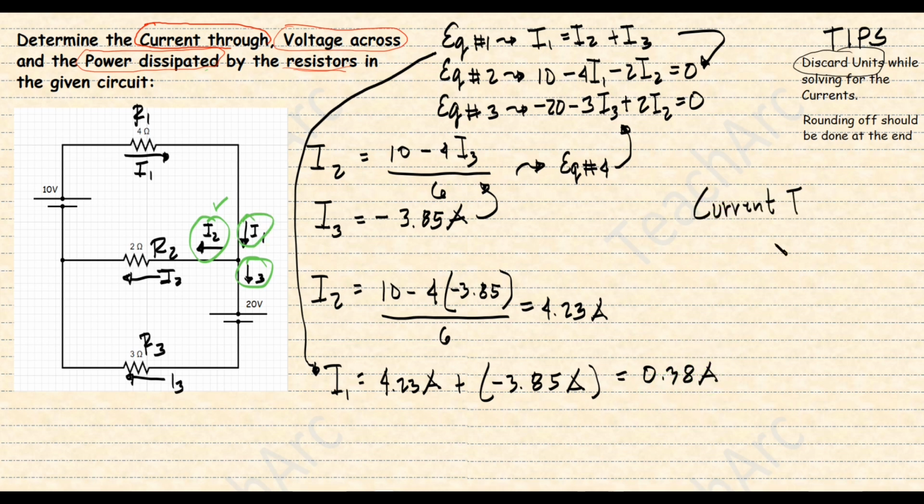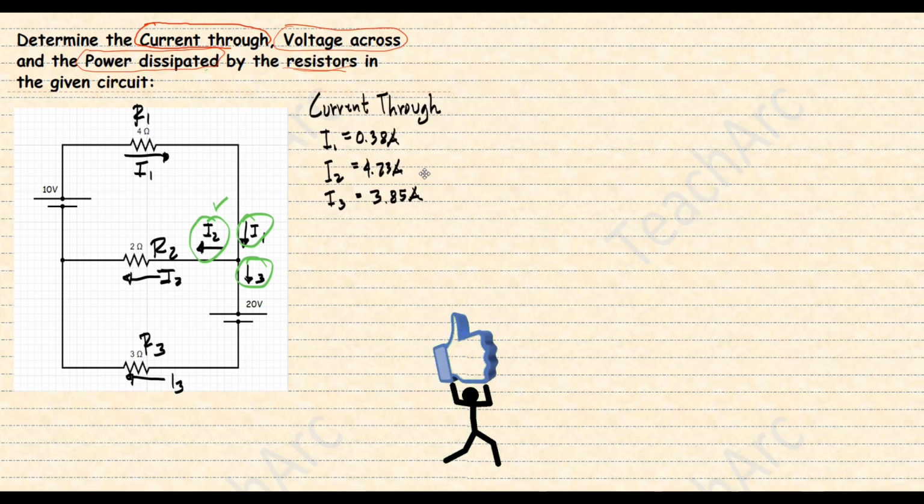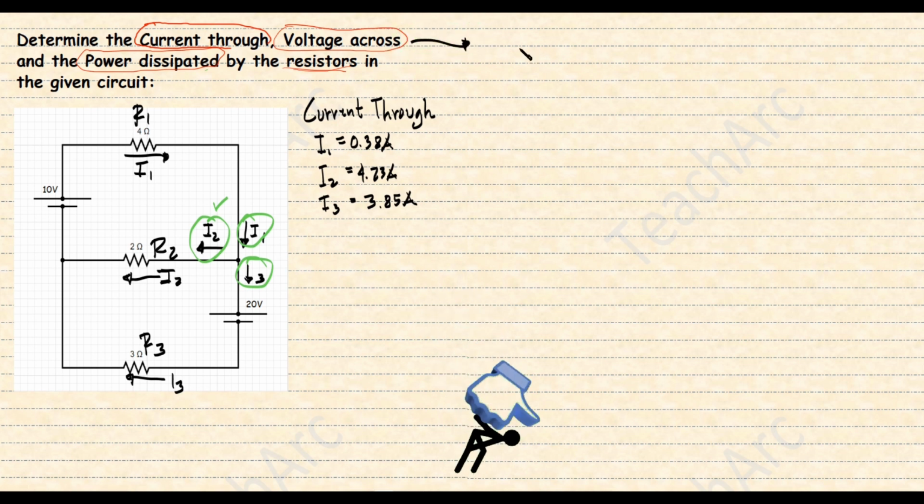Now, if you will report the values of the currents through each resistor, you can drop already the negative sign if you have 1. The negative sign is important when you will solve for the other currents, but for voltage across and power dissipated, we will use positive values. To solve for voltage across each resistor, we use the formula V is equal to IR.